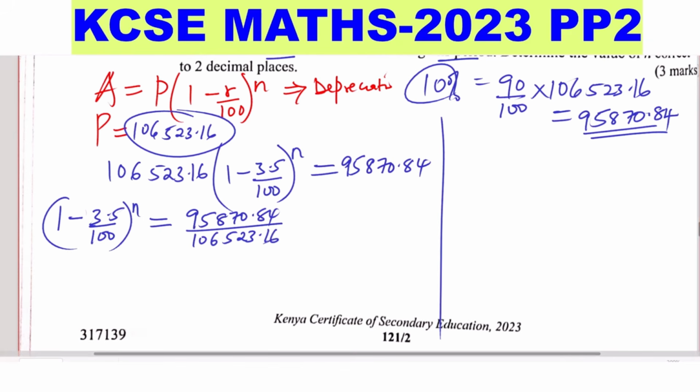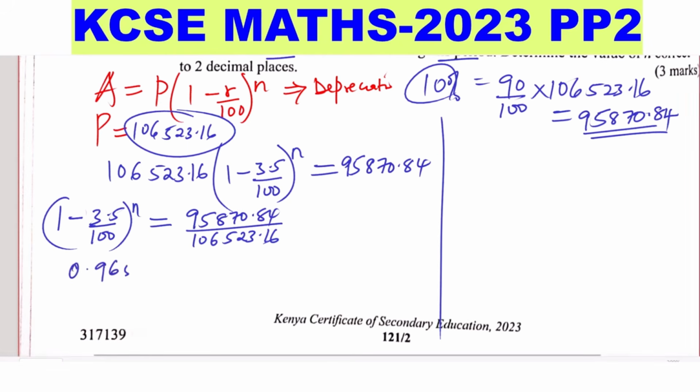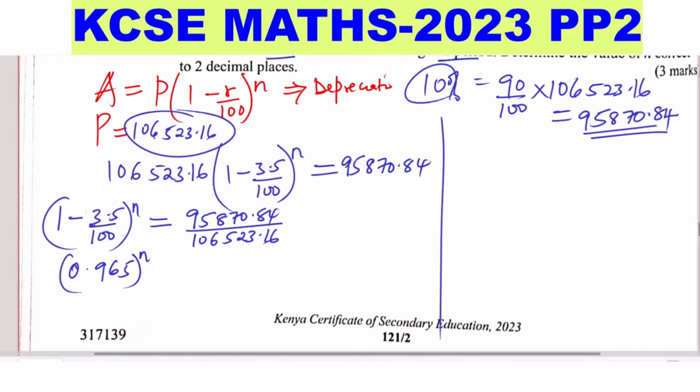So 1 minus 3.5 over 100 will give 0.965 raised to power n is equal to 0.9.